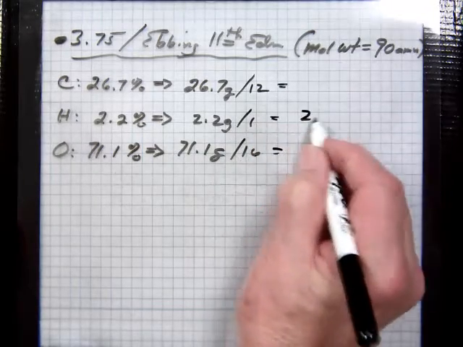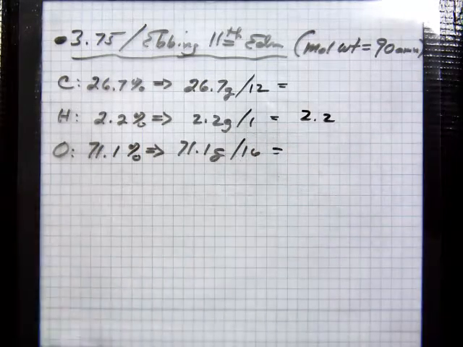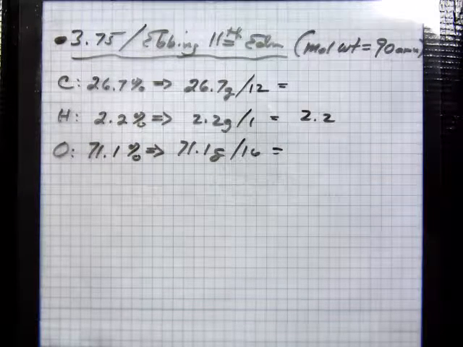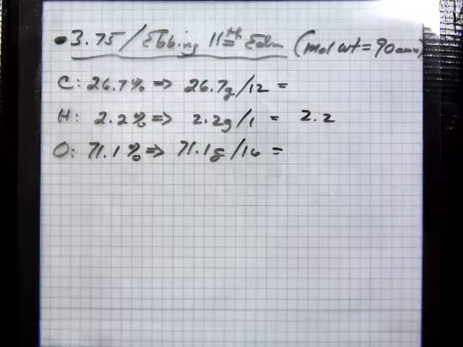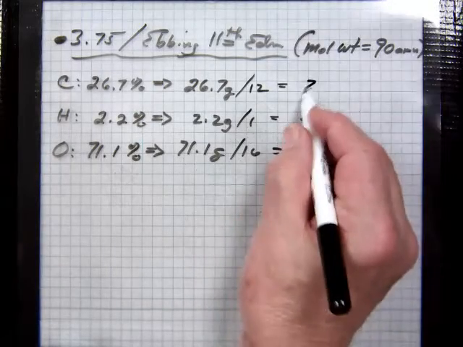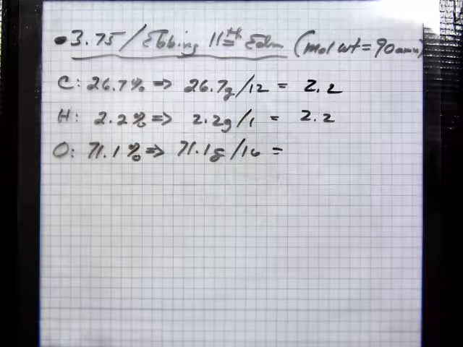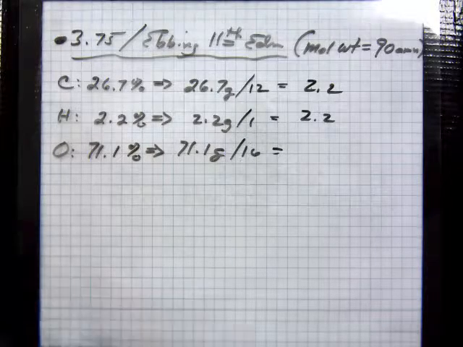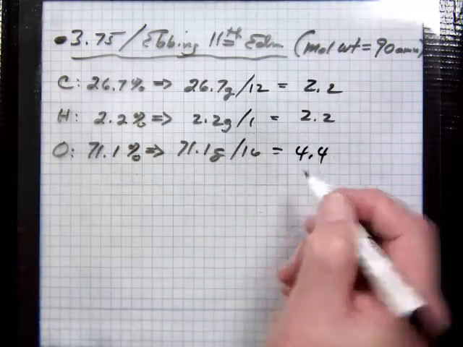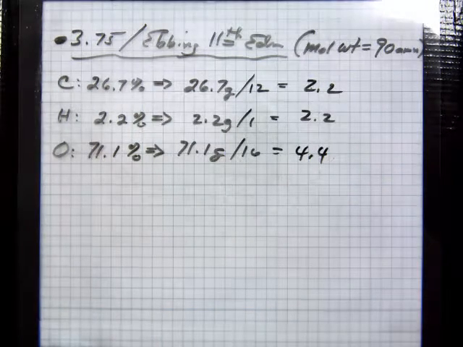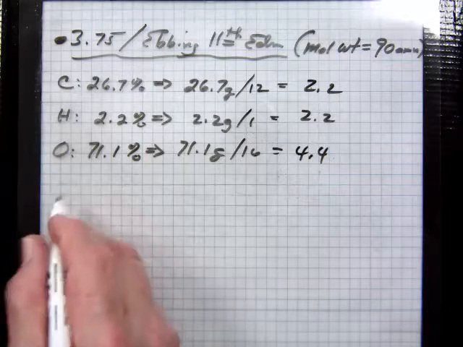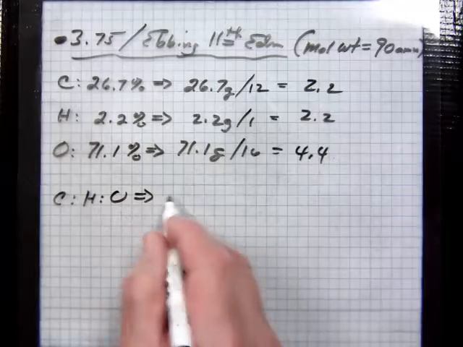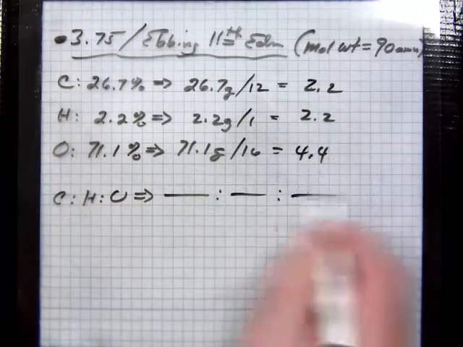Of course, this is 2.2. That's also 2.2. And that's 4.4. So I mean, I rounded to make it simple. Okay. So now your carbon to hydrogen to oxygen ratios will be set up as follows.